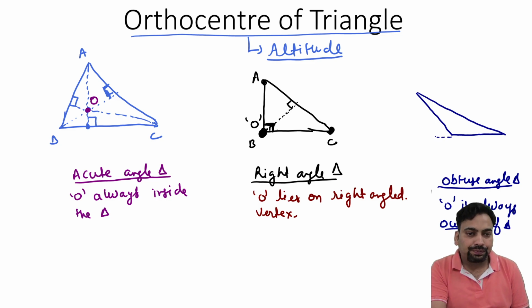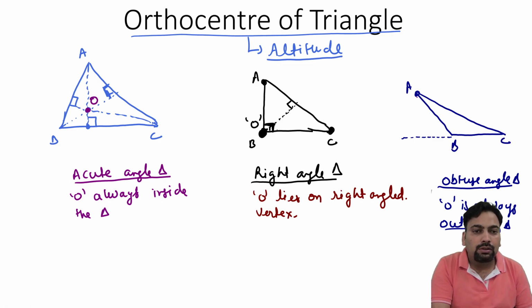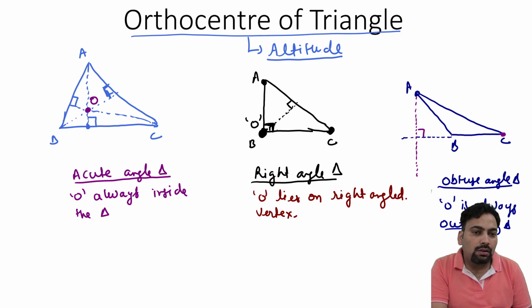How? Let's extend this part, and from the point A, if you draw an altitude, this is the altitude. I extend like this. From the point C, if you want an altitude, extend to this point.